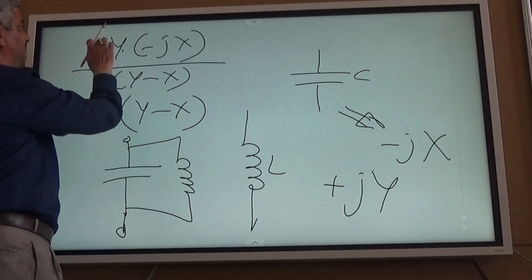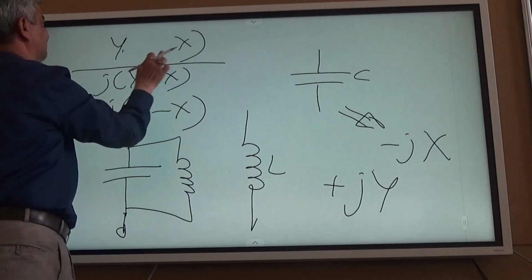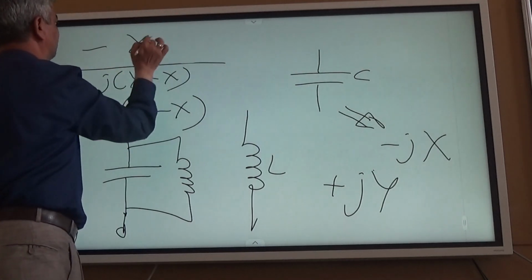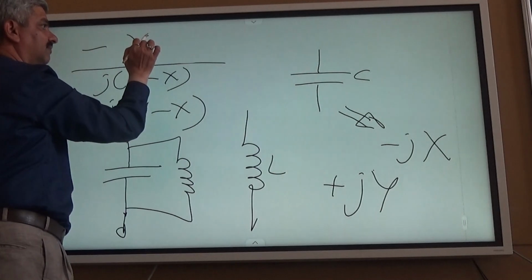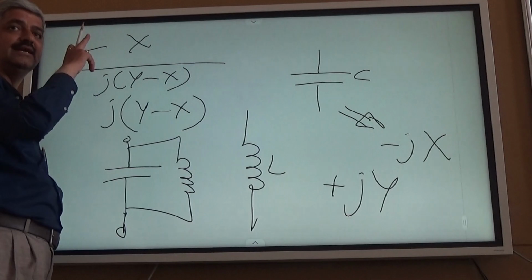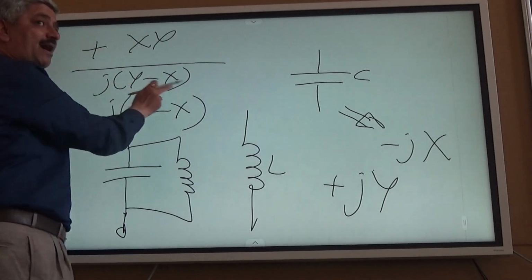So what is this? J square is minus 1, minus xy. So plus xy na, minus j होता सर. J into minus plus xy upon j into y minus x.